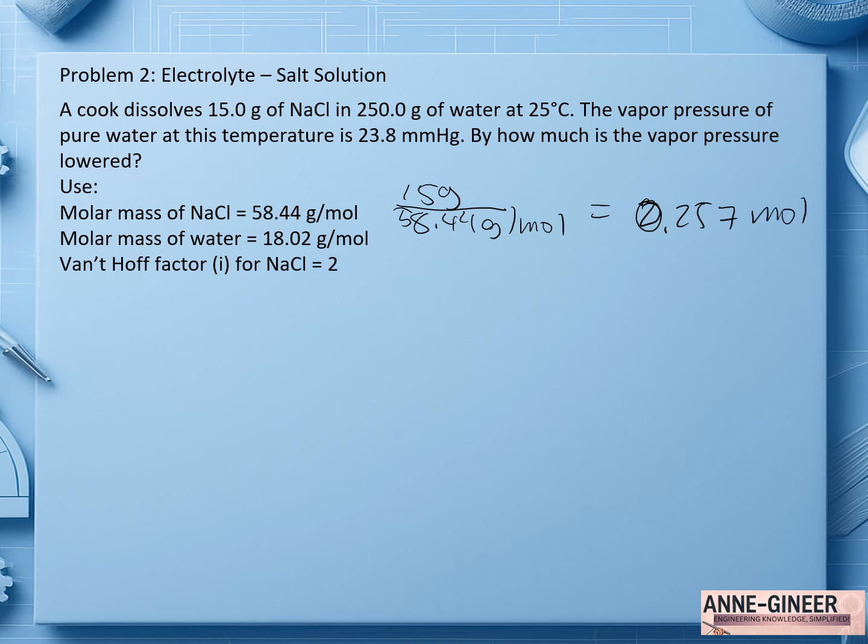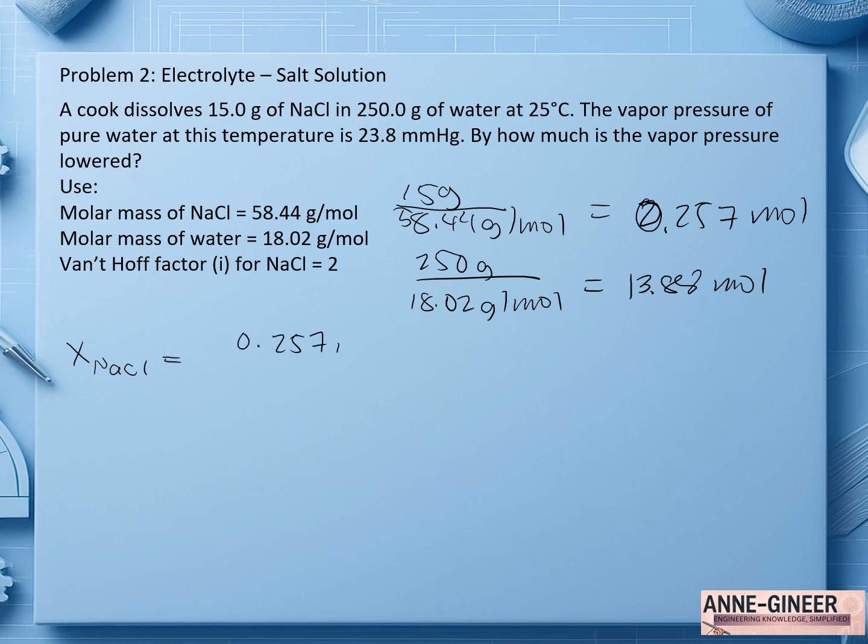For the water, we convert 250 grams over 18.02 grams per mole. We have 13.88 moles. So solving for the mole fraction of NaCl, we have 0.257 mole over 0.257 mole plus 13.88 moles. So we have 0.0182.